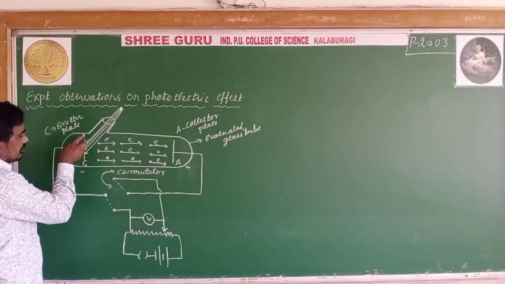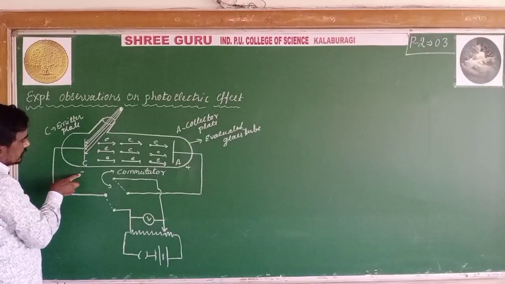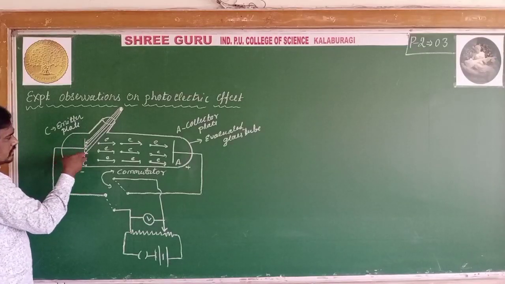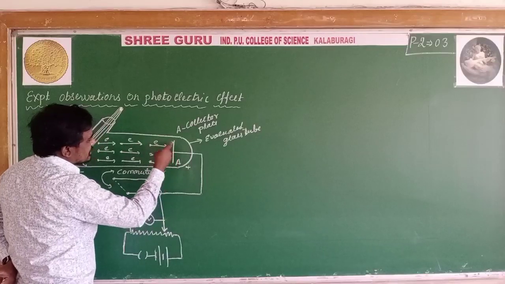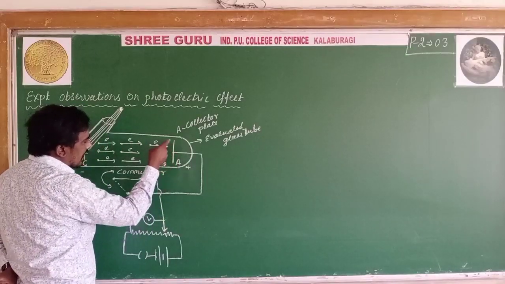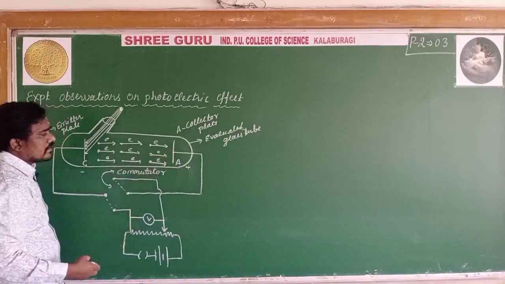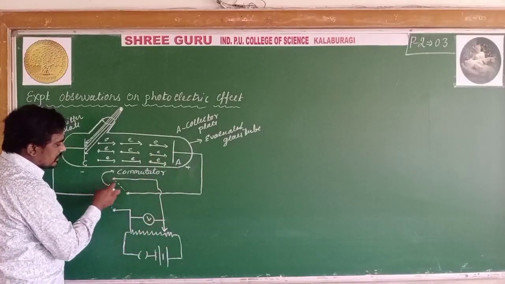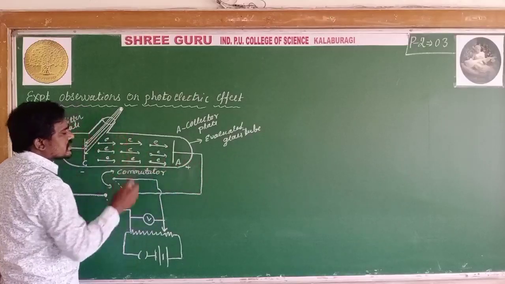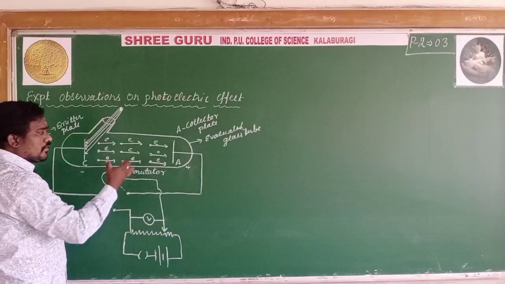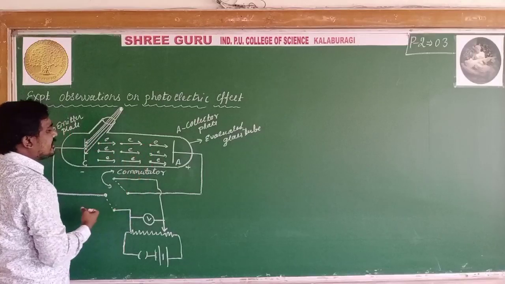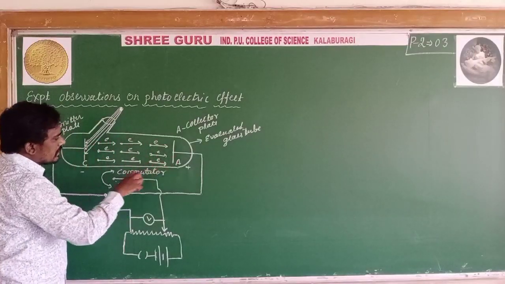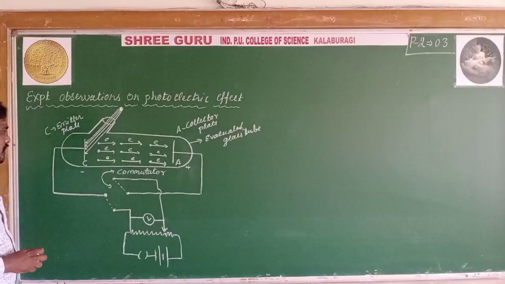The electrons emitted from the cathode plate are collected by the anode. The anode plate is at a positive potential, and those ions attract the electrons, which causes the electric current in the circuit.